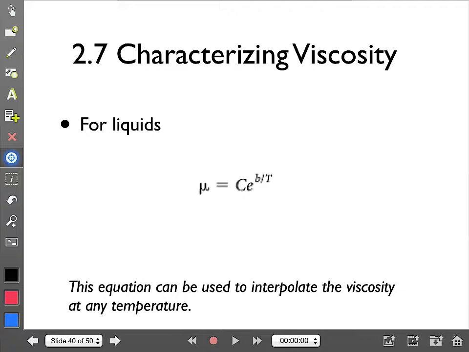I'm not going to do this, but I just wanted to show you basically how you deal with this. You can take the natural log of both sides of that equation. So if you have mu equals C e to the B over T, you can take the natural log of both sides of this equation.